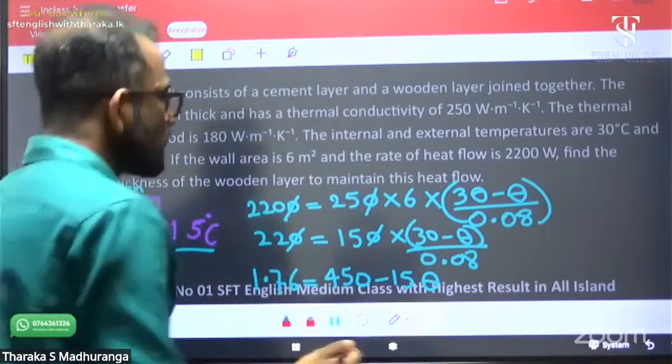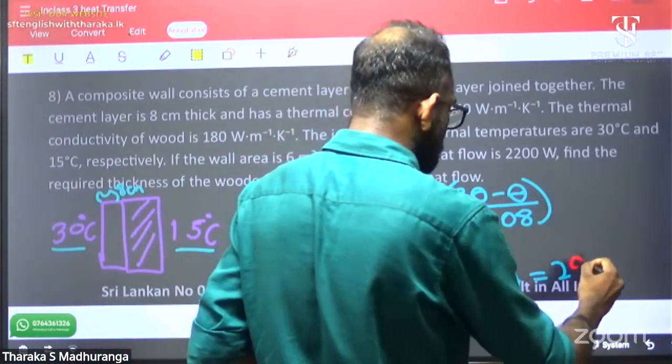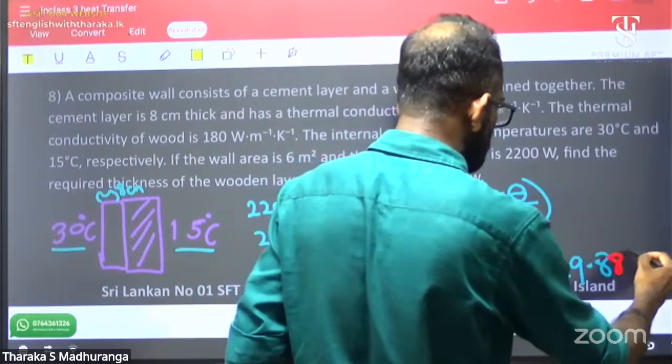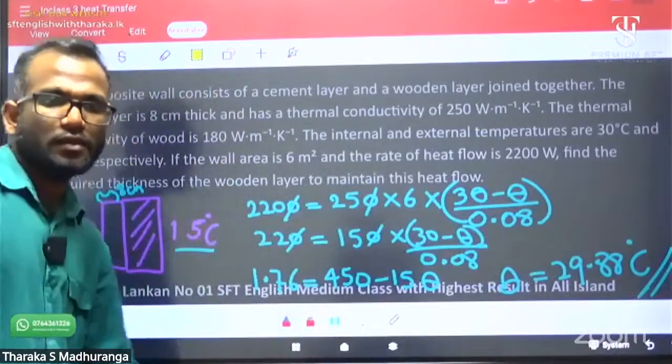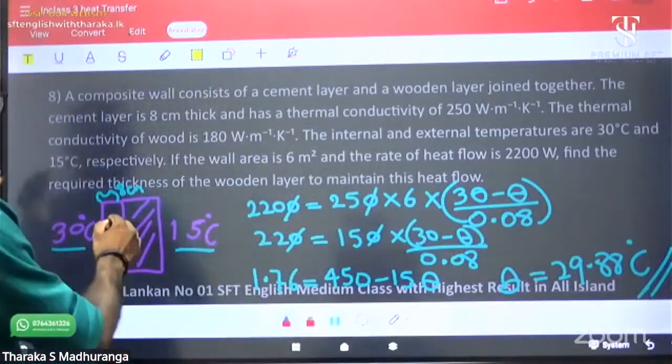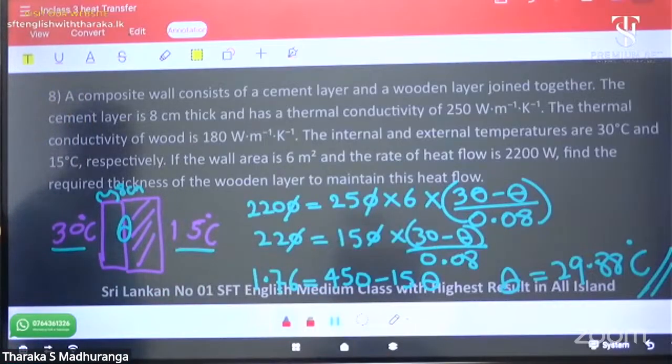Okay, now you can get the theta. It is a very small temperature difference, 29.88 Celsius. This is the interface temperature. This theta equals 29.88. Correct?